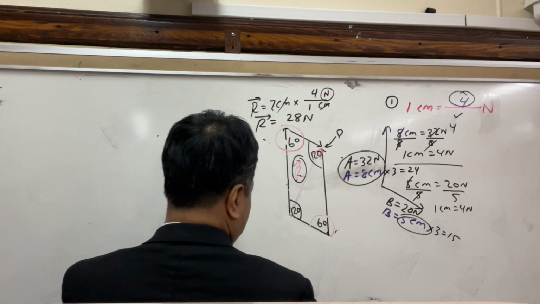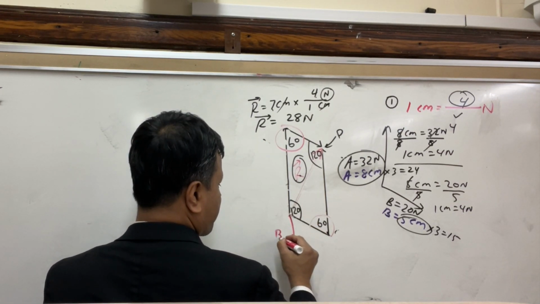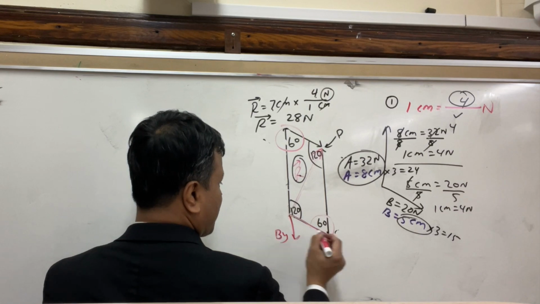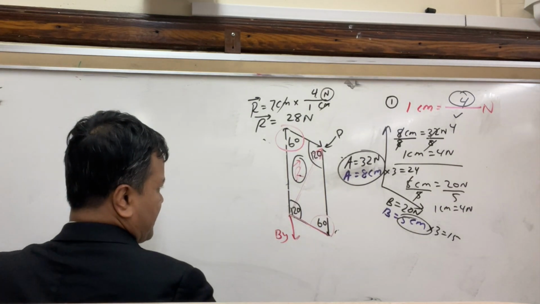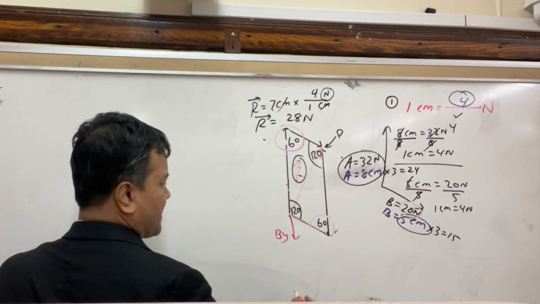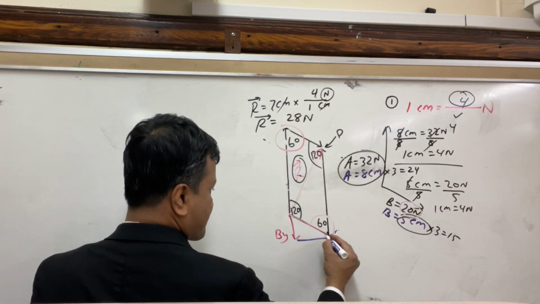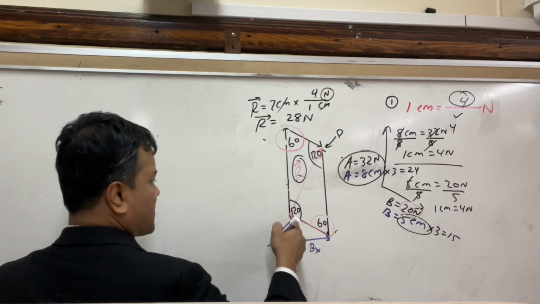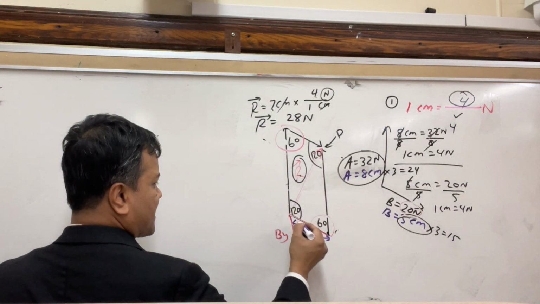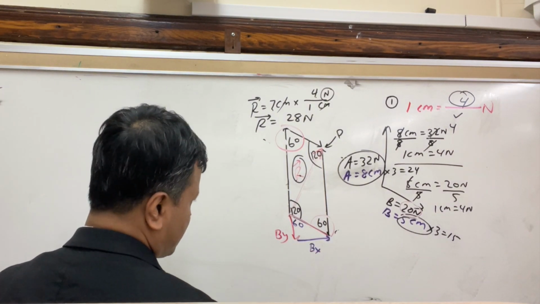So this is your by, because this is your b, and b is, of course, 20. And this is your bx. If this is 120, this has to be 60, and this is 60, this has to be 30.